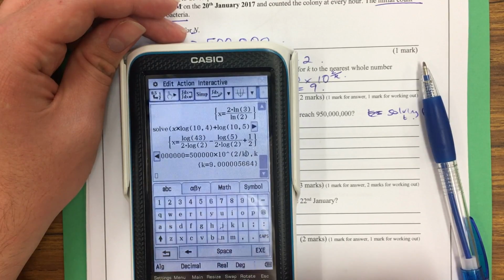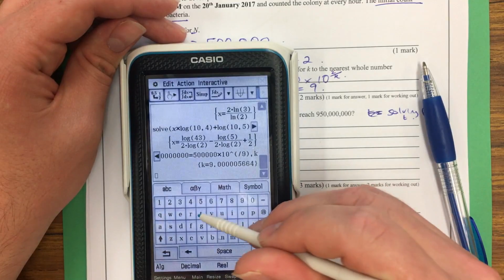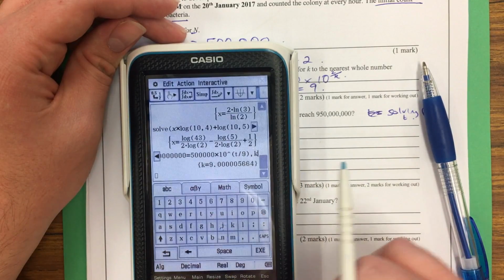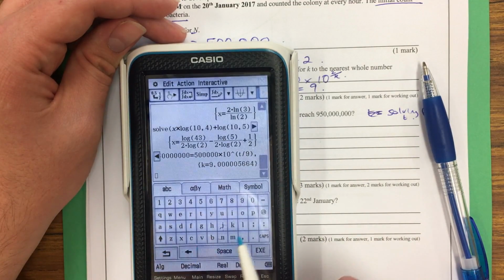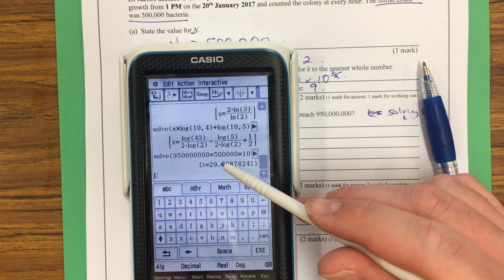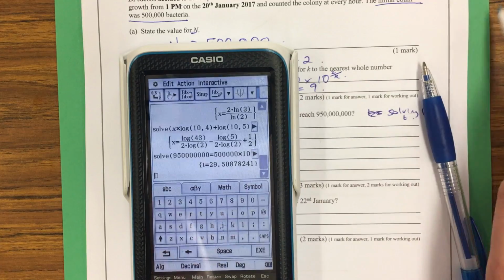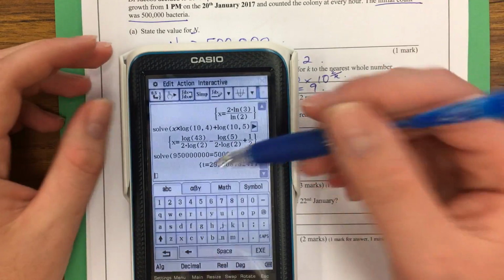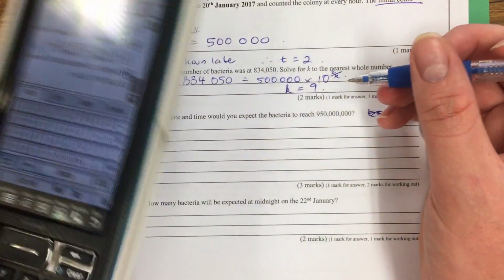We figured out that K was equal to 9. So this time we put the letter T, and we're going to solve for T. There it is. And it says there 29.5 hours later. So in other words, this would round up to 30 hours later.